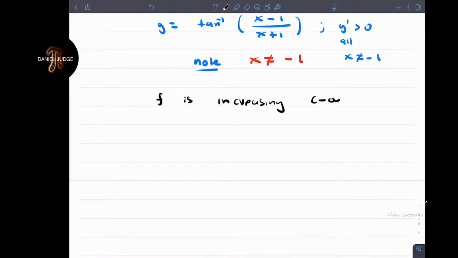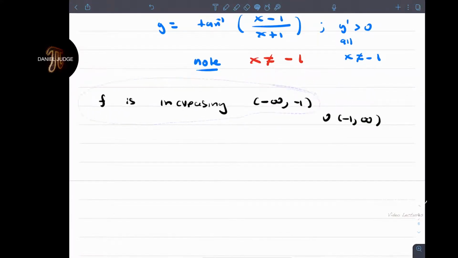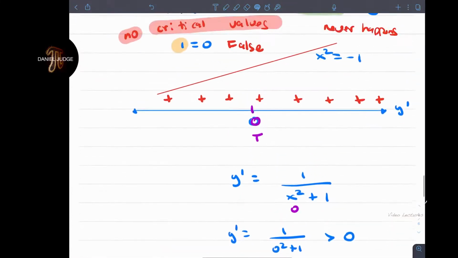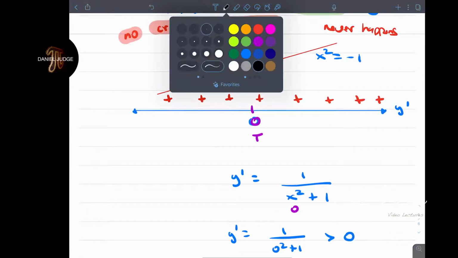So this is going to be from negative infinity up to negative 1, union negative 1 to infinity, because the function is really not defined at negative 1. And so we should have done sign analysis in that way.